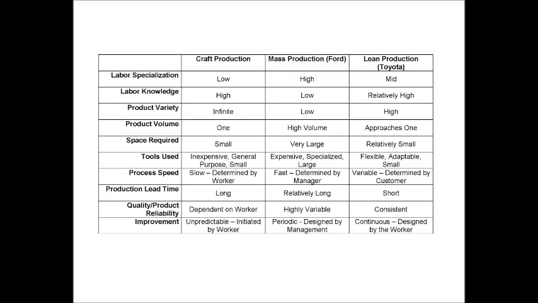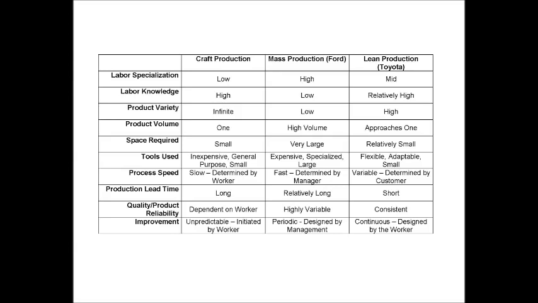Process speed, I'll say that process speed was fast. Now, the process speed itself was determined by the manager. So the manager in the business would be the one that would determine the speed of the line. You've probably seen or heard of Henry Ford's conveyor lines that would bring the cars down the line and the workers would do the work on the car as it traveled by them.